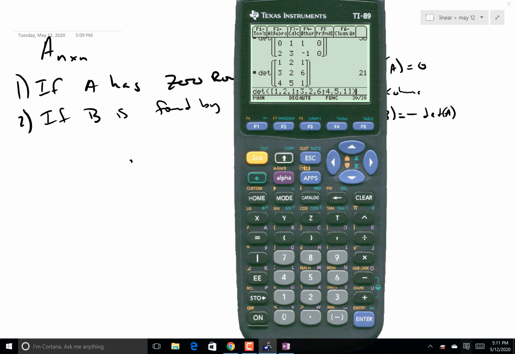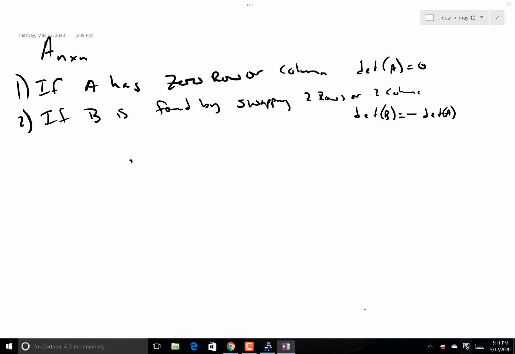Now, what if I did the following? Did 4, 5, 1. Negative 21. I just swapped those last two columns. Okay. That's all there is to that.